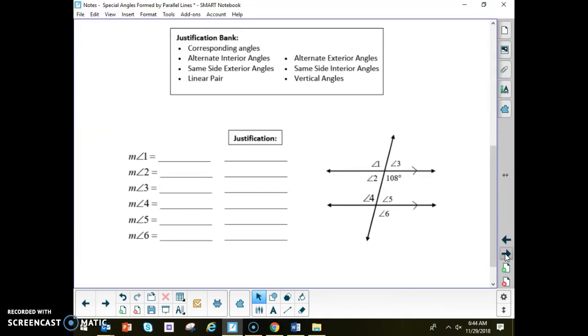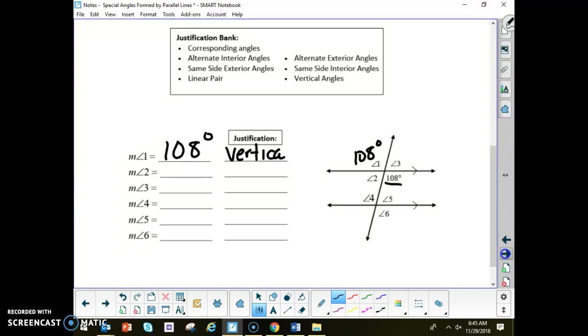For example, if this angle right here is 108 degrees, well, angle 1 is a vertical angle to that, so vertical angles are congruent. It is also 108 degrees, and this is by vertical angles. So now I need to look at angle number 2. I know that this is 108 degrees.